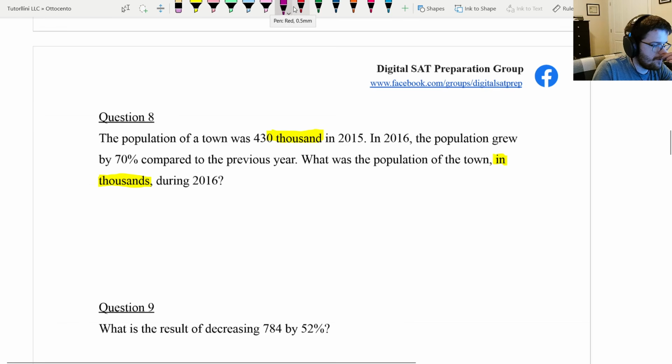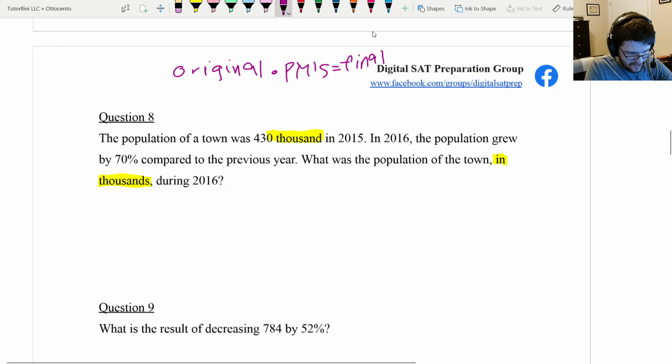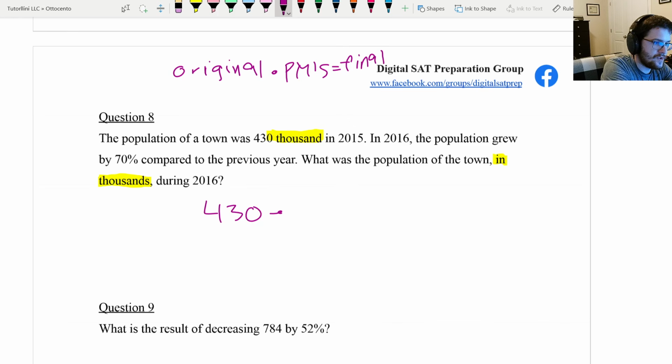All right, so we're going to do, for a bunch of these, original times percent multipliers equals the final. And we're starting with 430 and then applying a percent. So that's going to be our original. And it says grew by 70%.